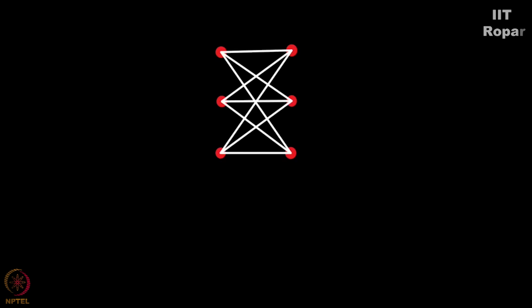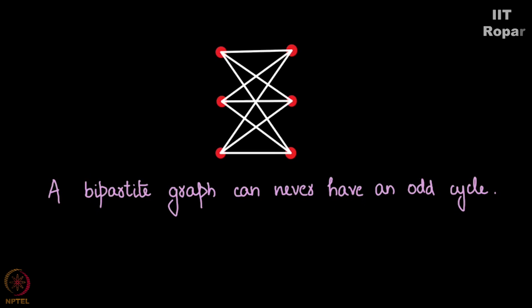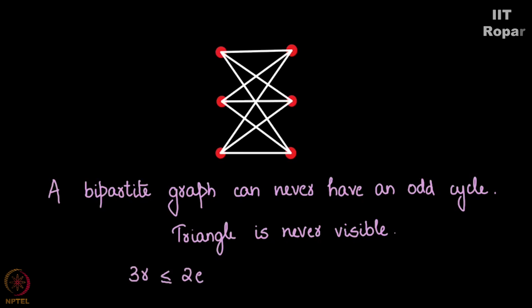Now look at this. We know a small result, that a bipartite graph can never have an odd cycle, and in particular can never have a cycle with 3 vertices. A triangle is never visible, which means the same old result, 3r is less than or equal to 2e, might hold good here if it is planar.